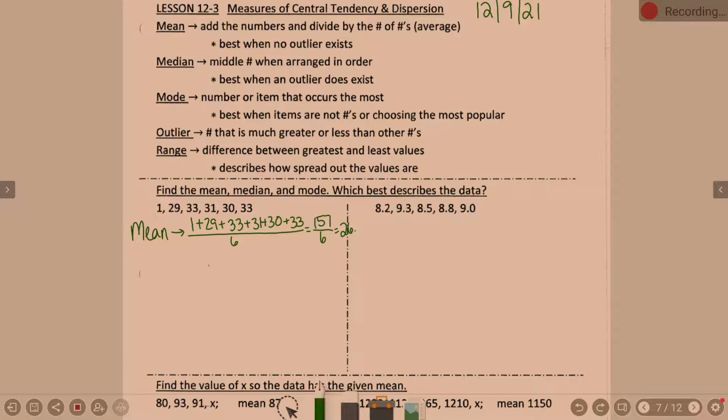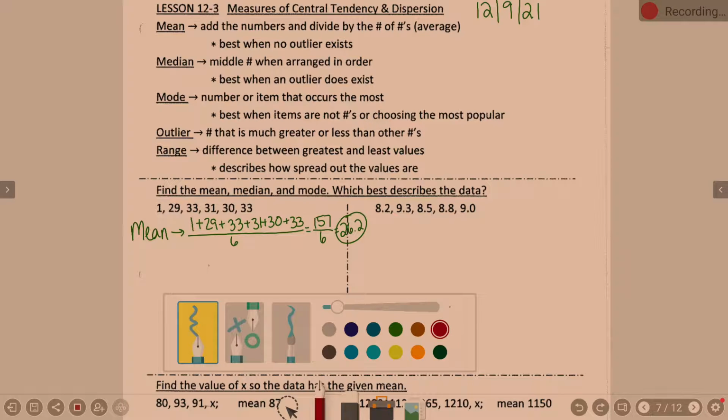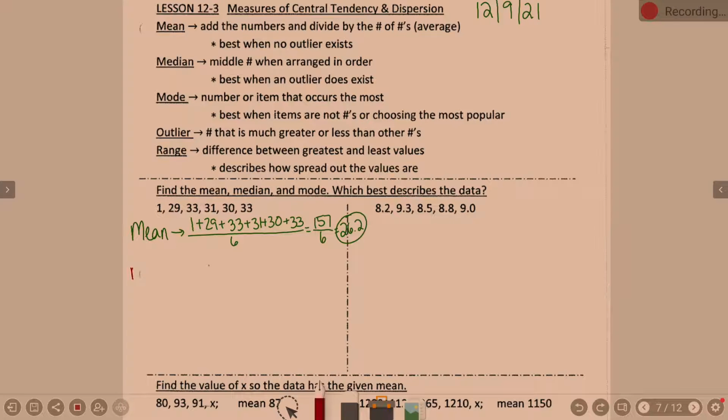Okay. Let's go for 1 decimal place. 26.2. So if we round that to 1 decimal place, 26.2. Okay. Median. What about median? What has to happen first here?